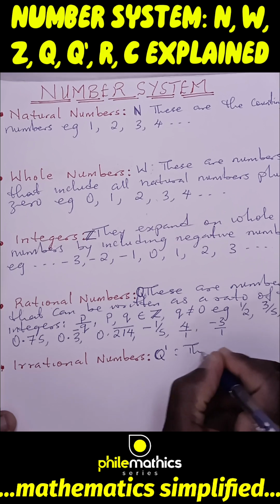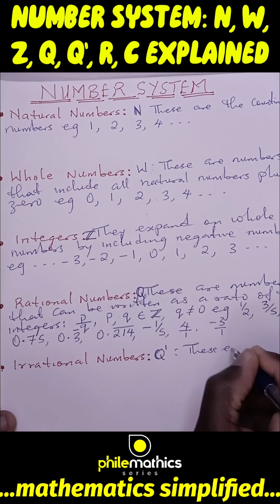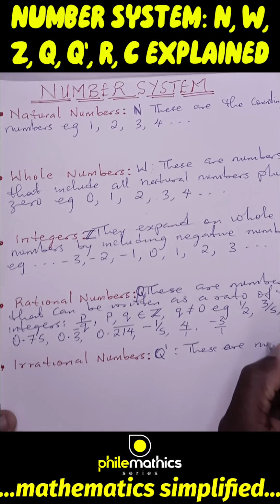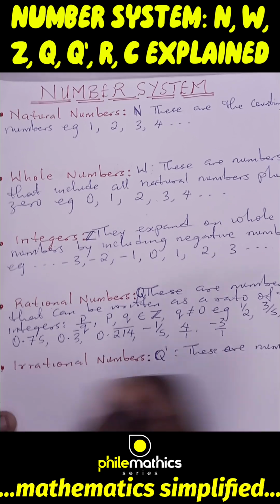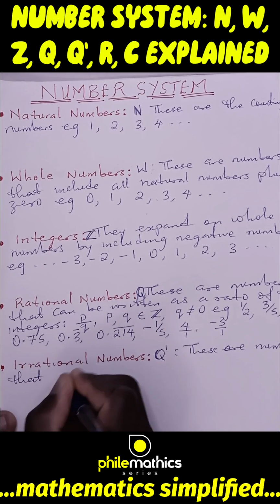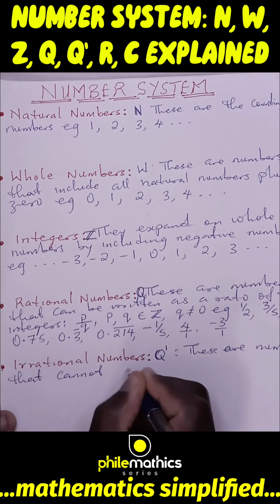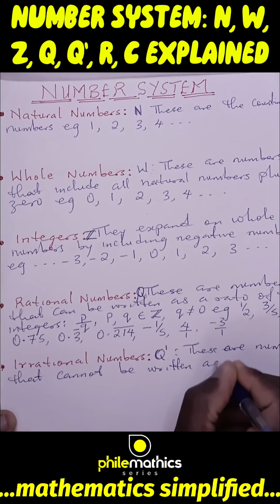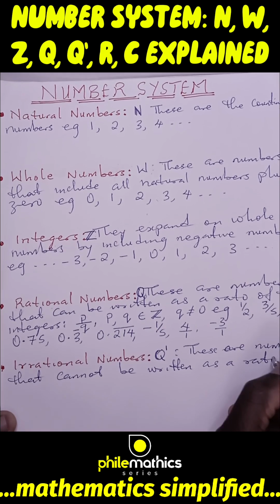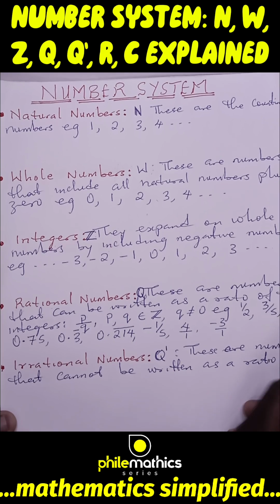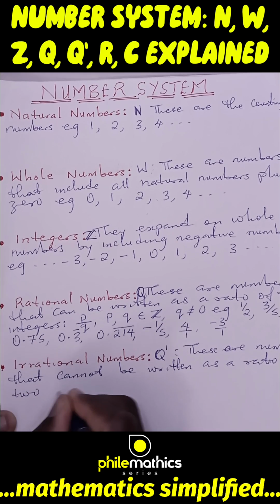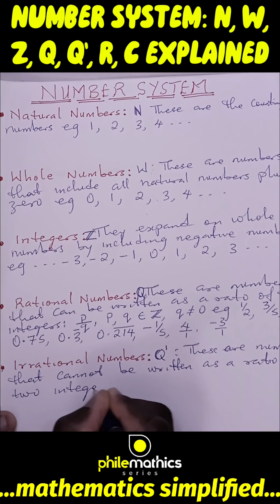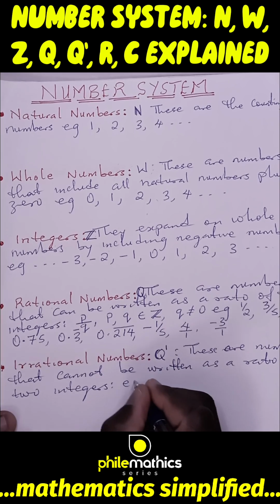So these are numbers that cannot be written as a ratio of two integers, e.g. pi.